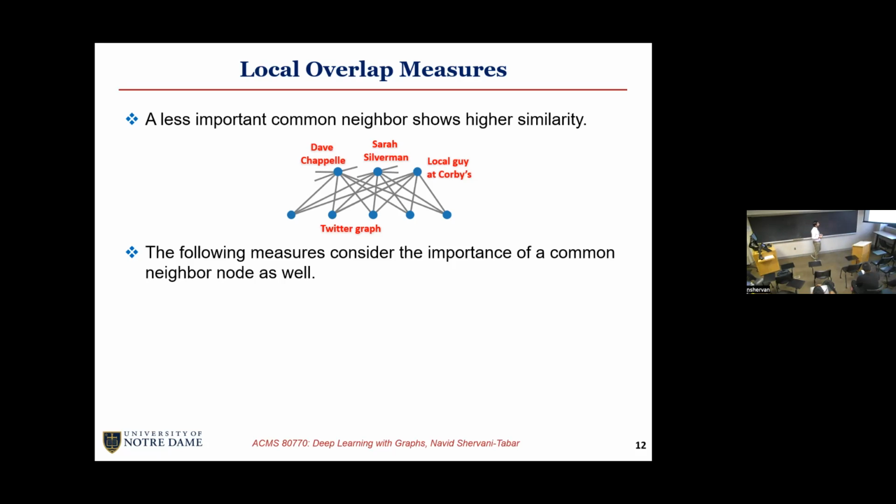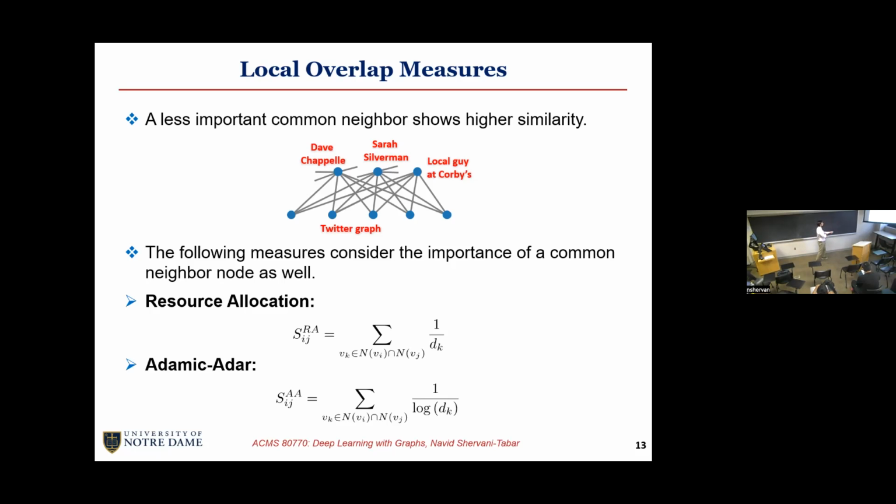So the idea is that if a common neighbor of two nodes has a lower degree, meaning there are fewer other nodes connected to it, it conveys more similarity between the first two nodes. So the fact that this local guy is a neighbor of both of us is more informative than that we share Sarah Silverman and Dave Chappelle as neighboring nodes.